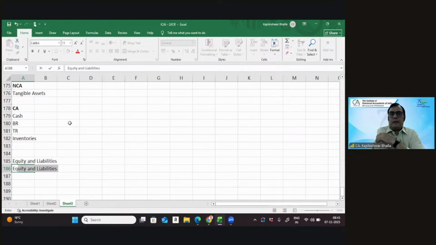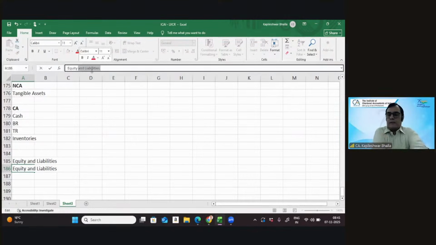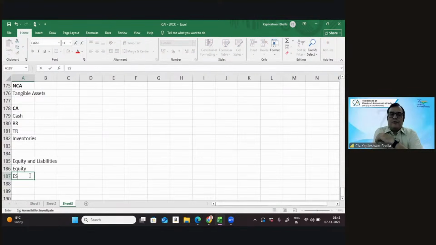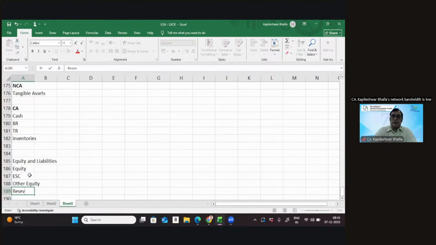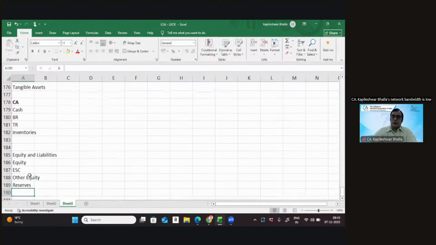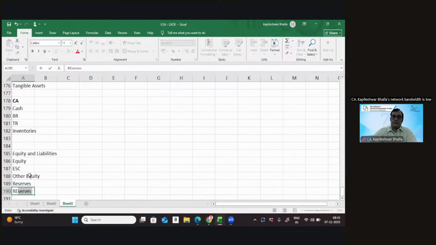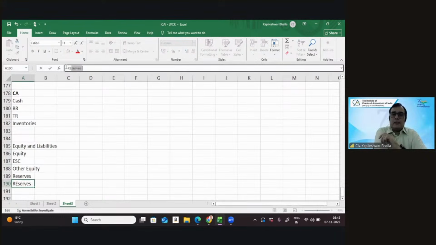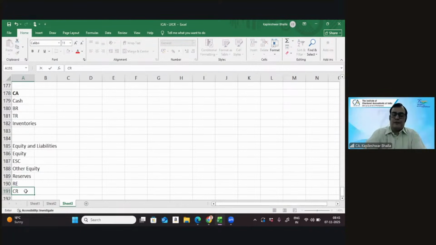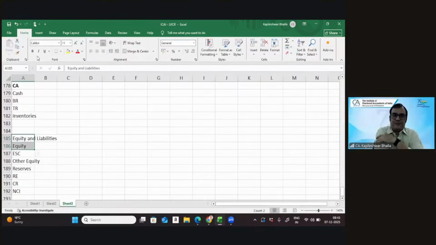So we've got equity, equity share capital. Then we've got other equity. Otherwise, you can show reserves, retained earnings, and you can also show capital reserve, NCI, just putting the information together.